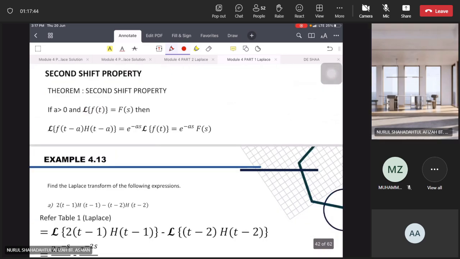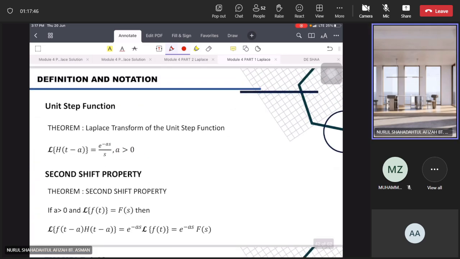42. Okay, so next we continue with the unit step function. We have the theorem, Laplace transform of unit step function. Previously we learned about the first shift property, and next we have the second shift property.